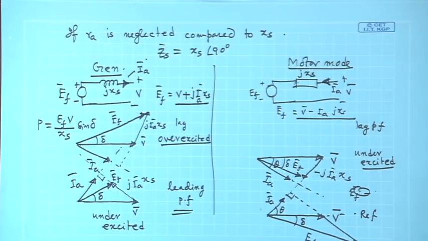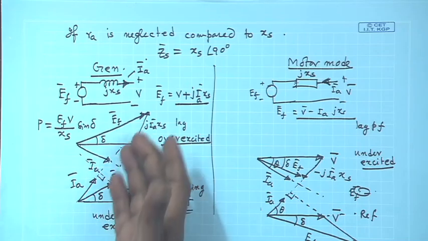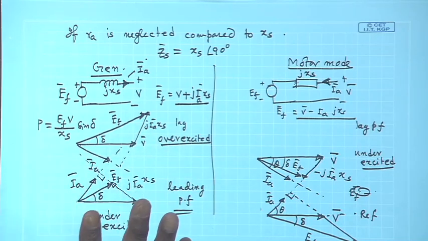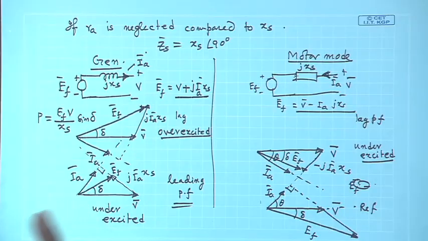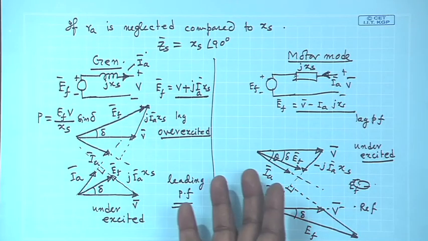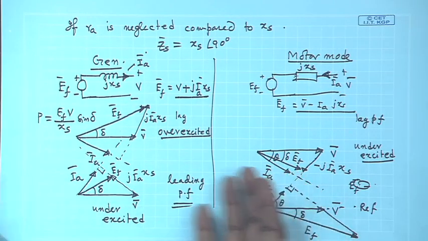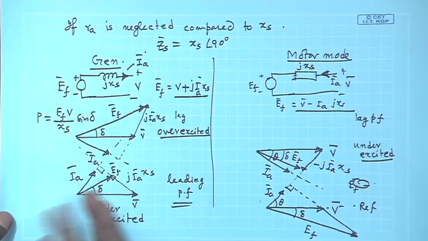In my last lecture I was telling you how the phasor diagram is an important thing for the synchronous machine, and computation will be very simple. If you have a scientific calculator, for a given operating point, if delta is not given, and if RA is neglected, you can go straight ahead.